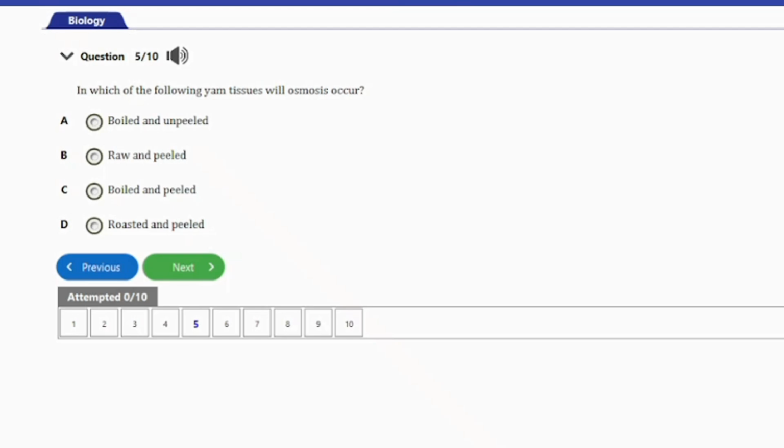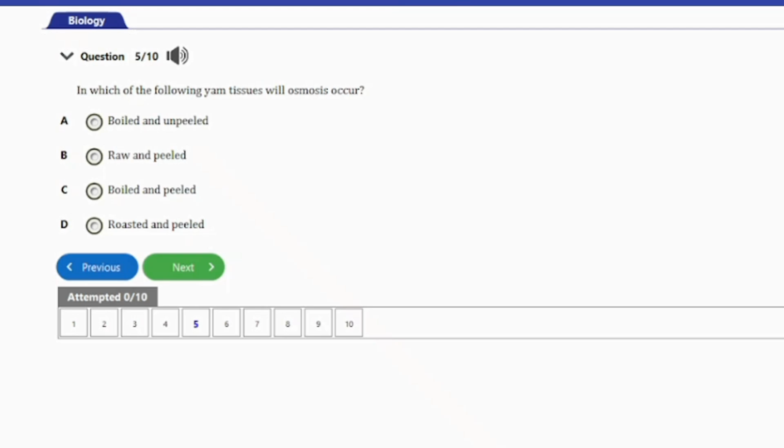That's question number 5. It says, in which of the following yam tissues will osmosis occur? A. Boiled and unpeeled, B. Raw and peeled, C. Boiled and peeled, D. Roasted and peeled.